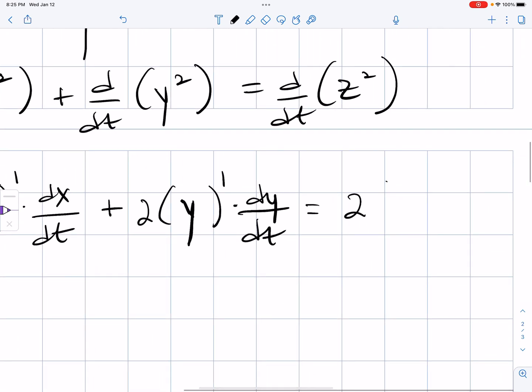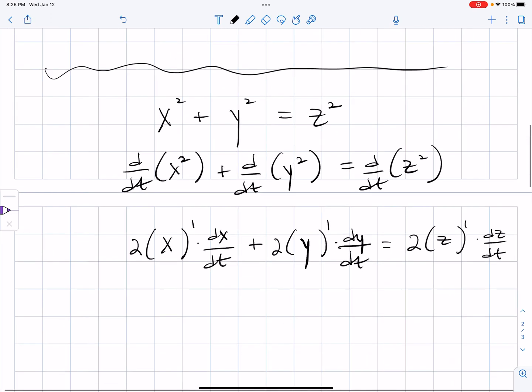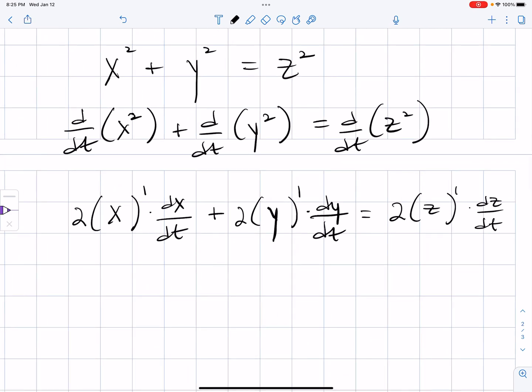And then same with the z squared term, times dz over dt, the derivative of z with respect to t. Okay, and that could just be simplified to 2x times dx over dt plus 2y times dy over dt equals 2z times dz over dt.